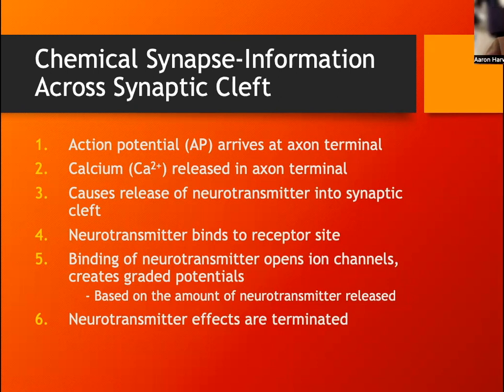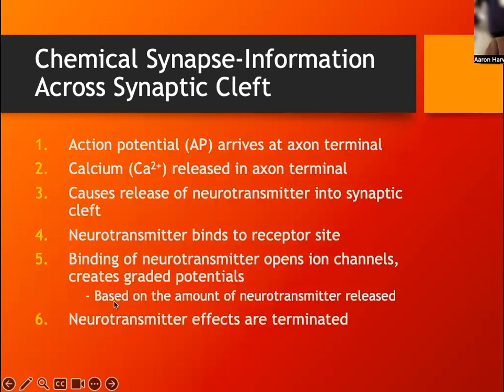Action potential arrives at an axon terminal of a nerve, which releases a chemical neurotransmitter of calcium, which causes the release of the calcium neurotransmitter into the synaptic cleft in between the two. Then the neurotransmitter will bind to the receptor site on the postsynaptic cleft. So the binding of that neurotransmitter will open ion channels of sodium and potassium that cause the graded potential change.